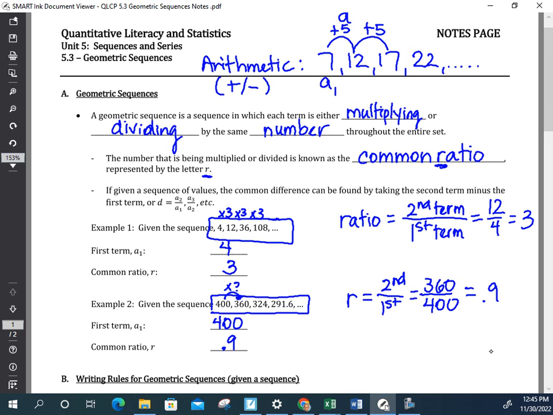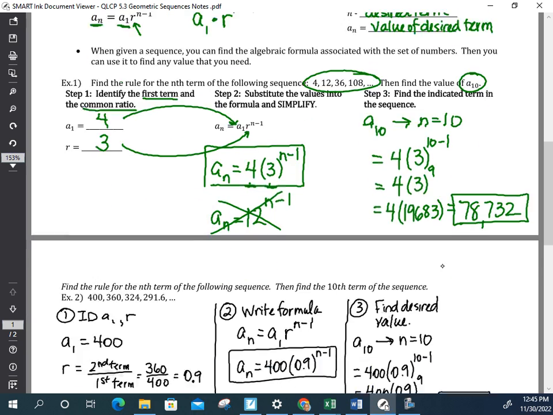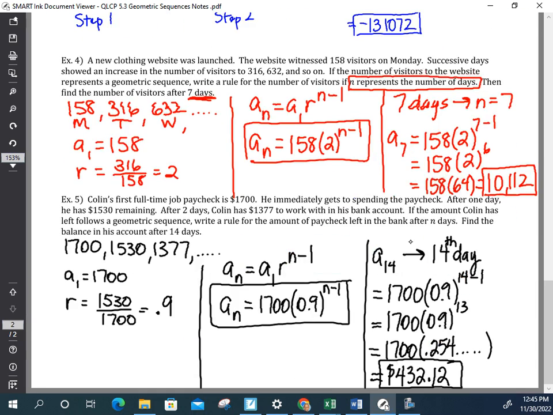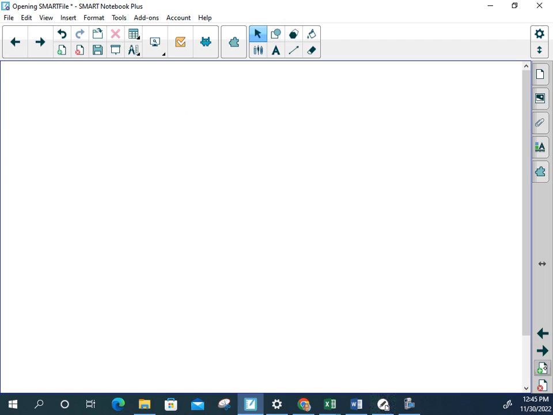Now we've worked with both arithmetic and geometric sequences, so just to give a final differentiation between the two.